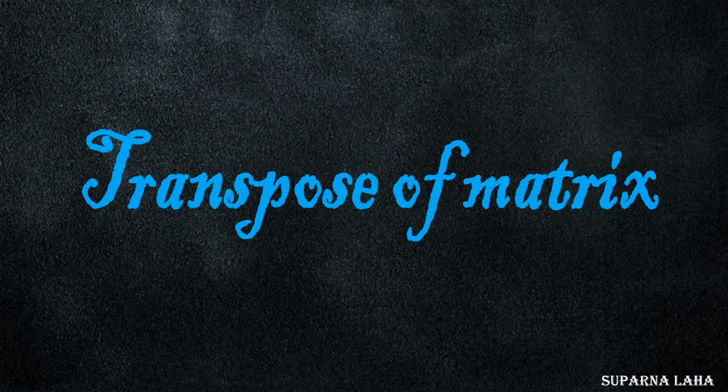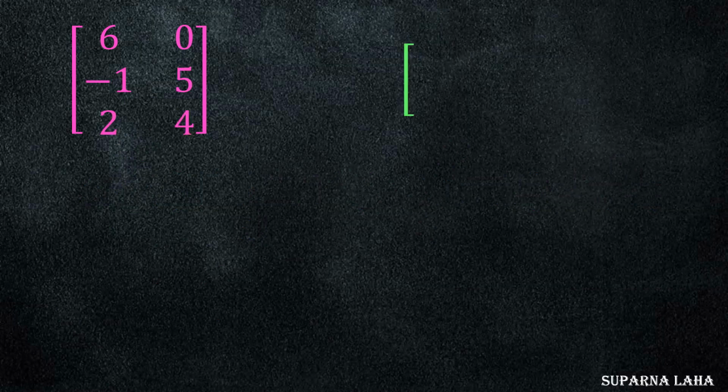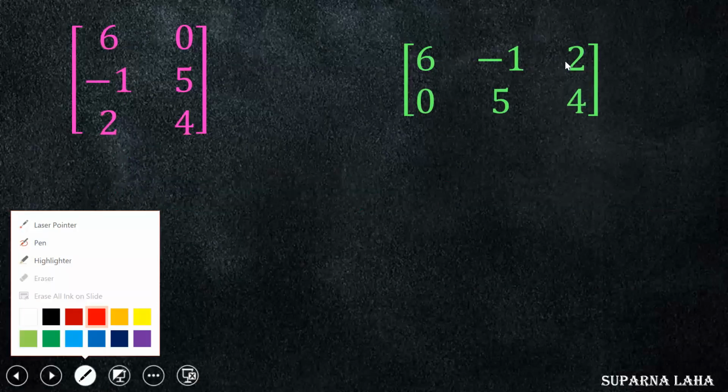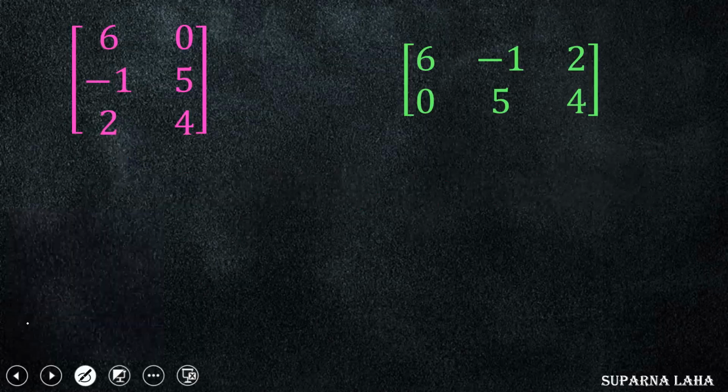Now, what is a transpose? Let us take this matrix: 6, 0, minus 1, 5, 2, 4, and this matrix: 6, minus 1, 2, 0, 5, 4. Check that the first matrix is of order 3 by 2, that is 3 rows and 2 columns, and here it is 2 rows and 3 columns.